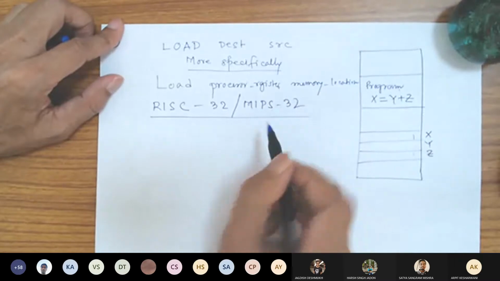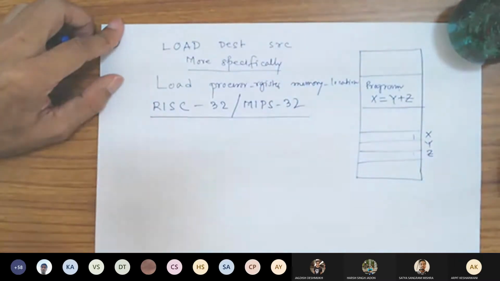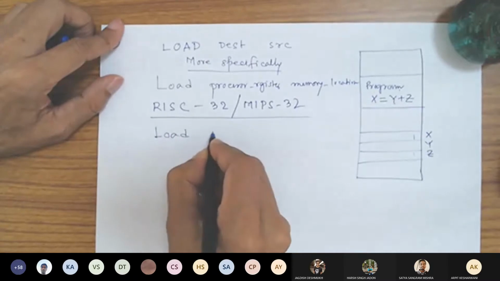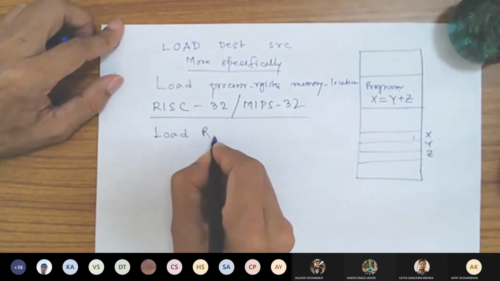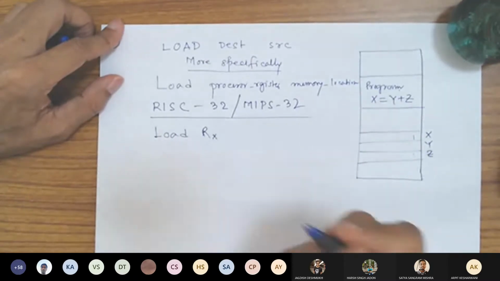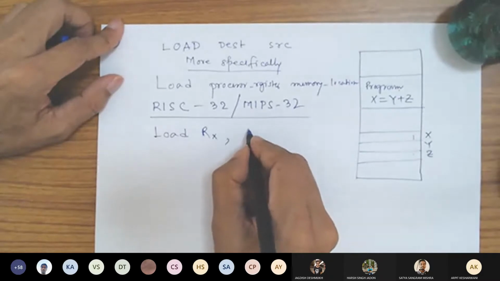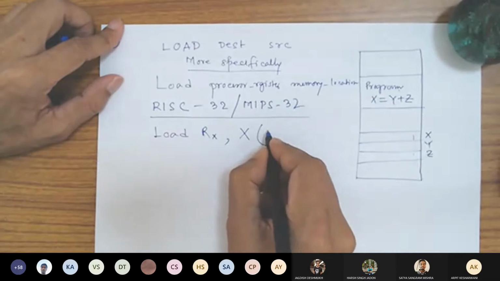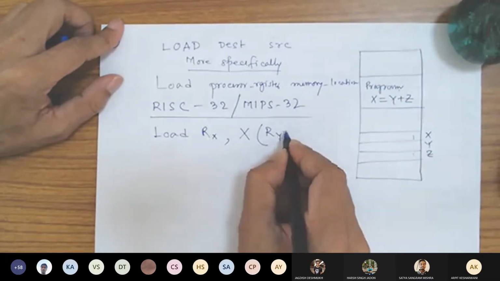In MIPS 32 architecture, load instructions are usually written like this: load RX, comma, X(RY). I'm giving X. There may be many registers.